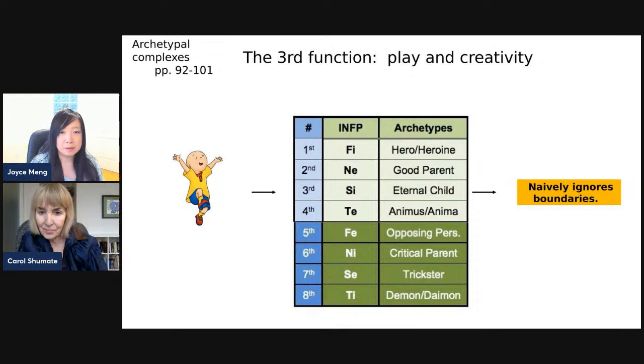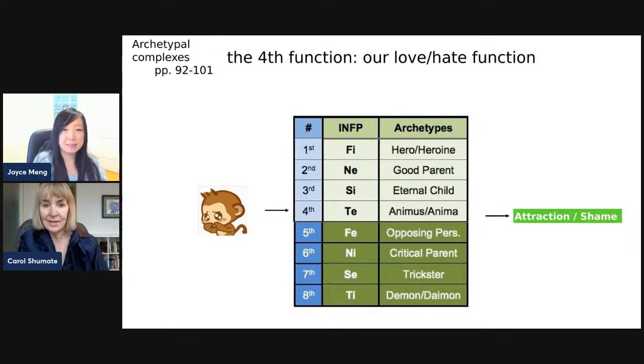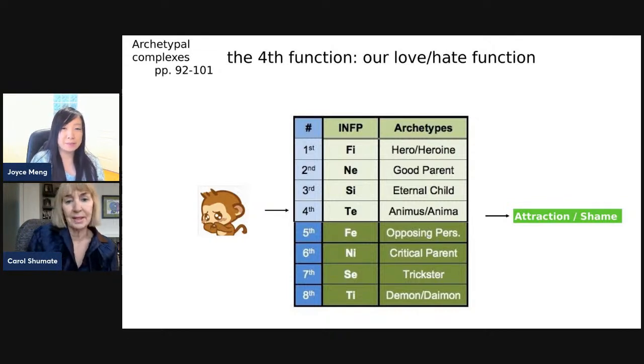And then the third, the eternal child archetype, ignores boundaries, but it's playful and creative. For the fourth one, I use this image of a baby monkey hiding its face, because the fourth, the inferior function, is a place of shame for us, but also of attraction. It's our vulnerability, and it's also our least developed conscious function.